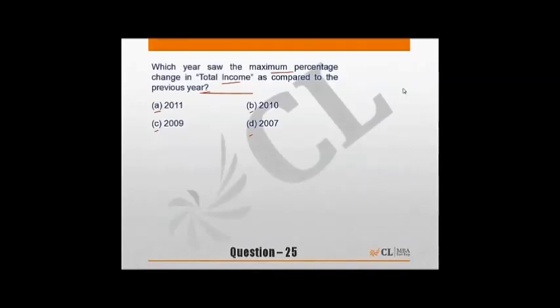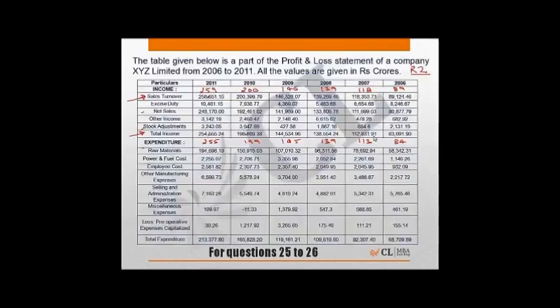In which year saw the maximum percentage change in total income as compared to the previous year? Let us look at the total income change for these 4 years, 7, 9, 10 and 11. For 2007, from 2006, the total income went up from 84 to 113, which means 16 plus 13, an increase of 29.